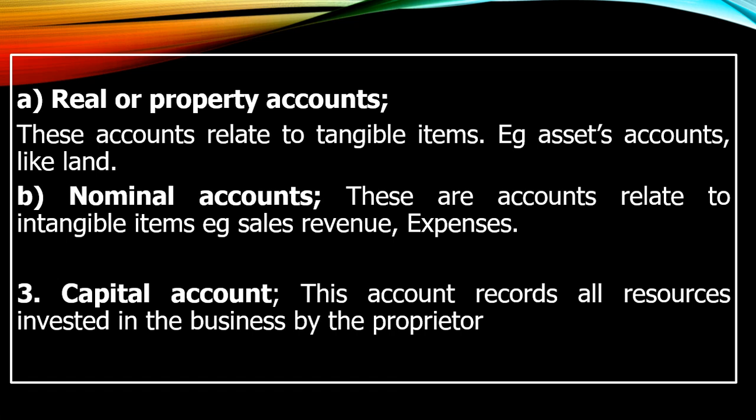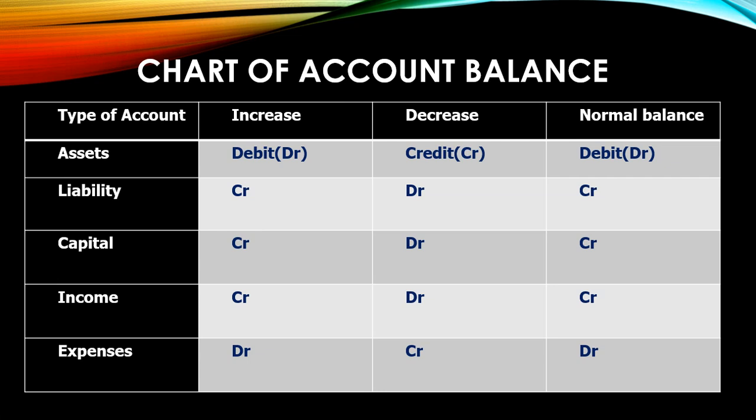So now we are going to see the effect of transactions on different accounts. If a transaction happens, what is the effect on the account depending on the type of the account? We have a chart here that is showing the details of the effects of the transactions on different accounts.